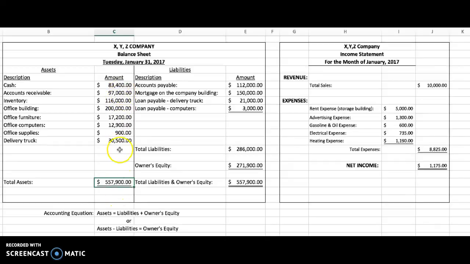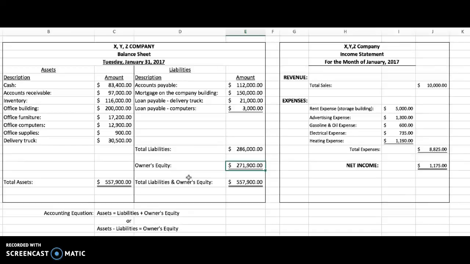We have that simple total there. And on the other side of the balance sheet, we have total liabilities. That number is found simply by adding up those four liabilities, things that we owe. If you subtract total liabilities from total assets, you will arrive at $271,900.